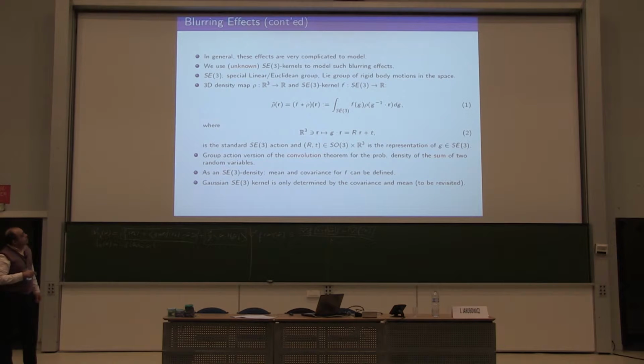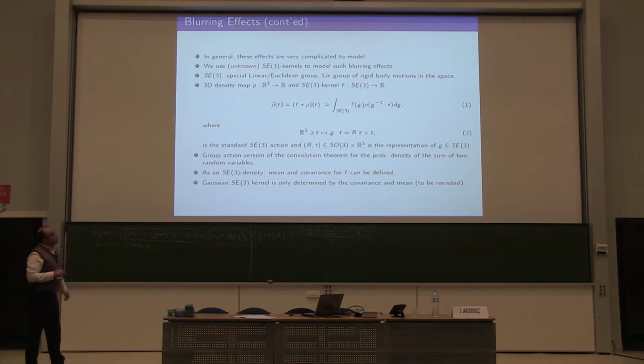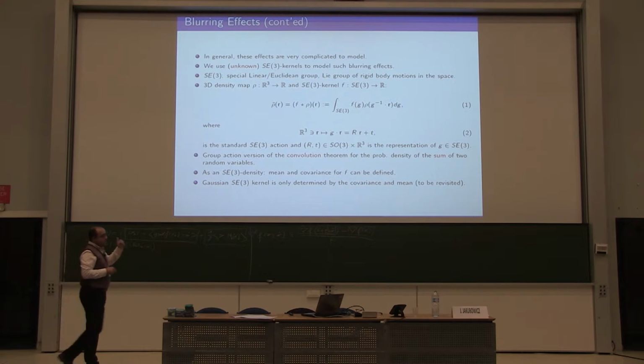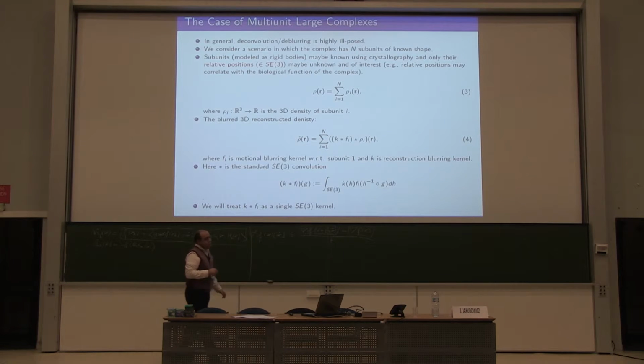Here is the SE3 type convolution, which gives you the probability density of the body when a kernel perturbs it. Okay, so this is just a formalization. The next step is that we try to parameterize this kernel F so that we can go to an inverse problem setting to find or estimate it.